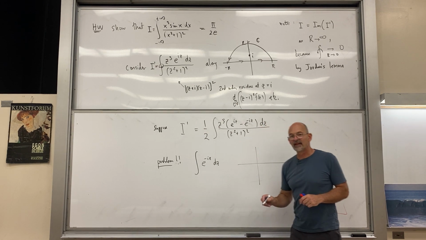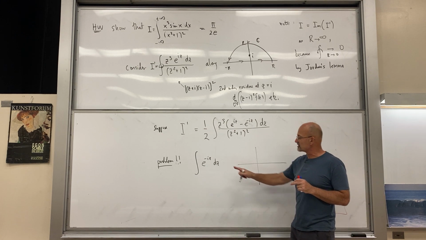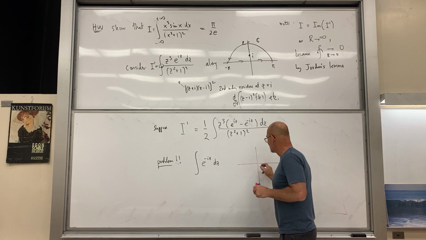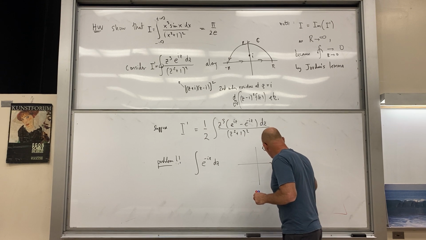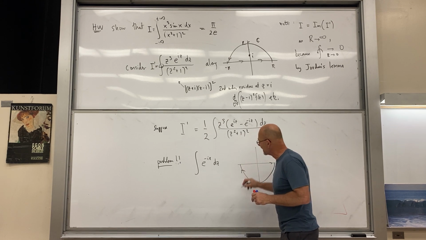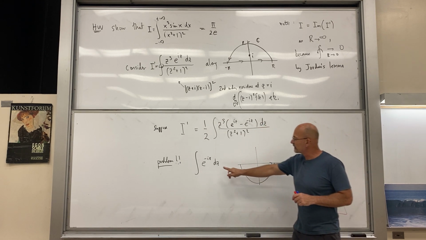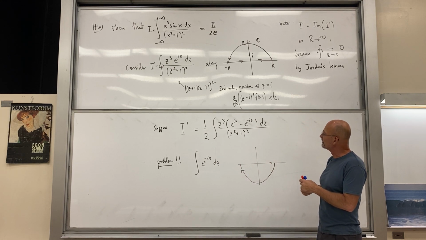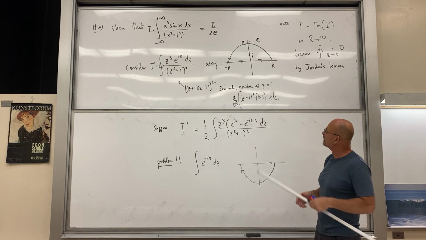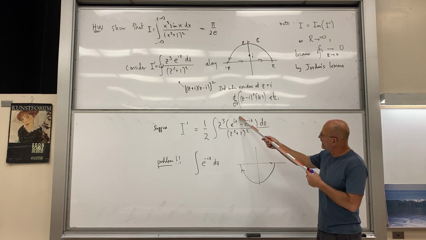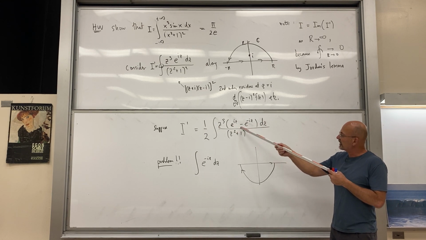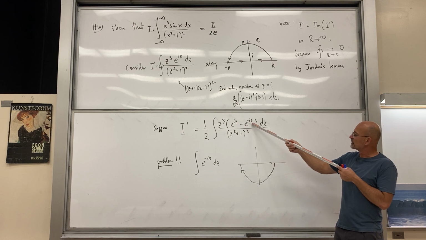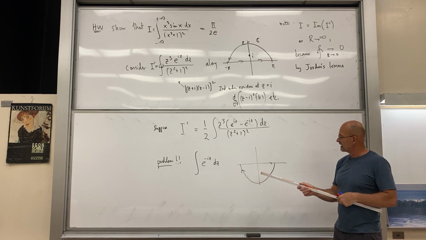There's a technique for that though. The same discussion of Jordan's lemma would show us that we would have to close that contour in the lower half plane. Okay, so this one has to be closed in the lower half plane. So you could solve the problem, it would be harder, by breaking this up into two integrals. This one you close in the upper half plane, this one you close in the lower half plane.